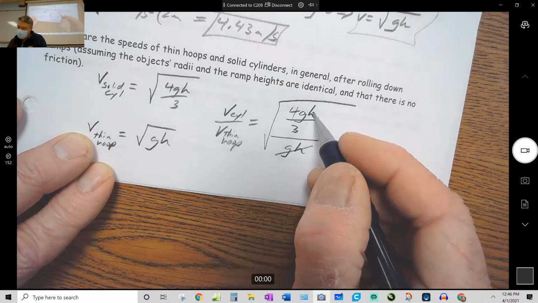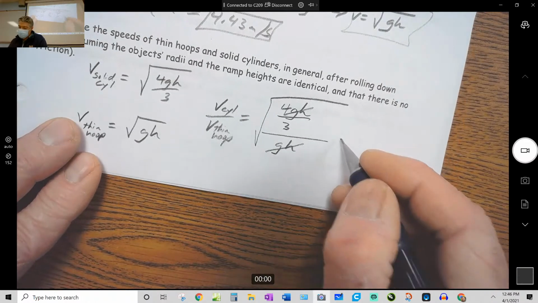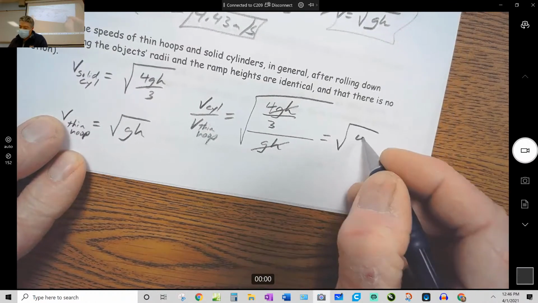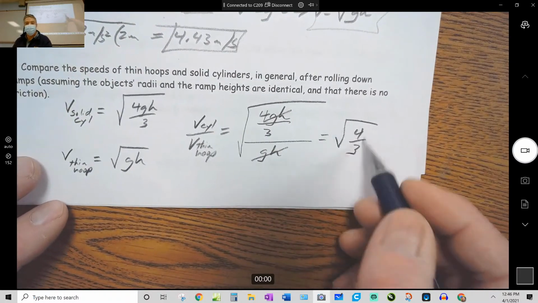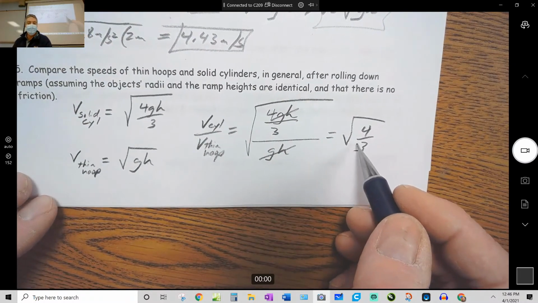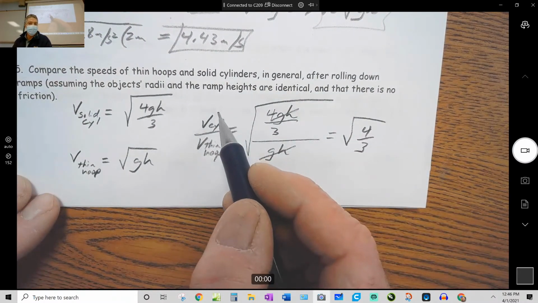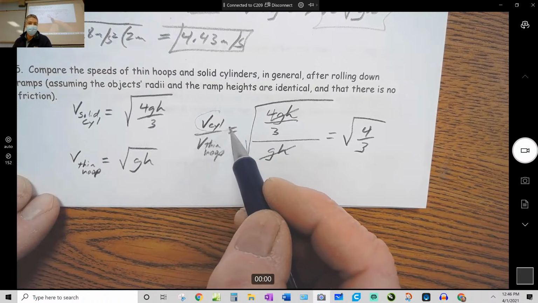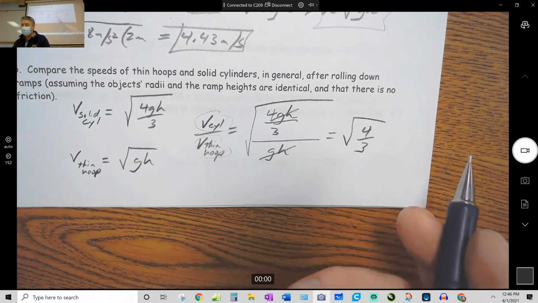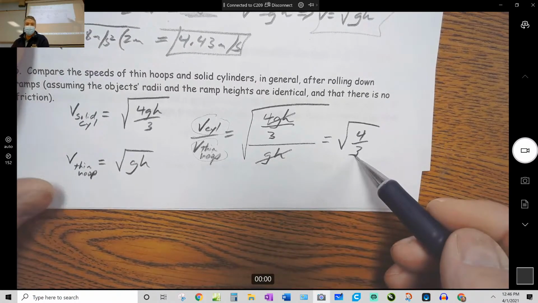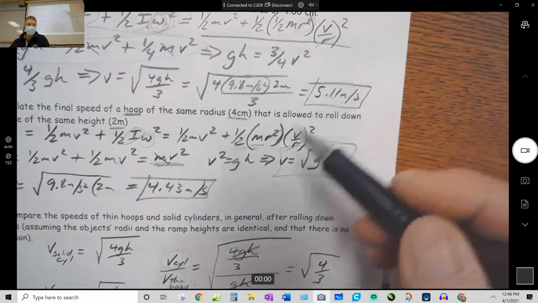So these cancel out. And it's just the square root of 4/3. So 4/3 is a little bit more than 1, and you take the square root of that and you get a number closer to 1, but still over 1. So the velocity of a cylinder when it gets to the bottom of the hill is a little bit faster than the velocity of a thin hoop, which we didn't really need to do this to know because we showed it there.